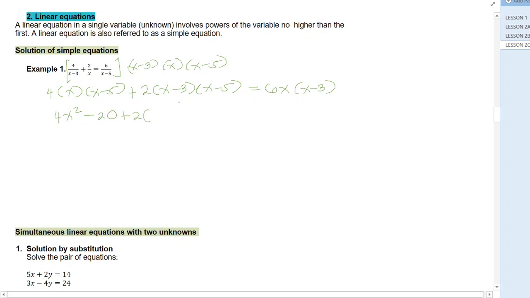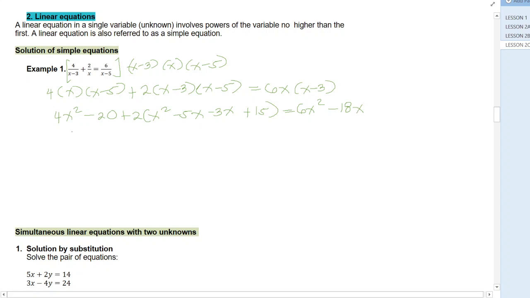Okay, expanding this one, it will give us x squared multiplied by x times negative 5, that is negative 5x, negative 3 times x, that is negative 3x, plus, that is 15 already. Okay, that is also equal to 6x times x, that is 6x squared, minus 6x times 3, that is 18x.